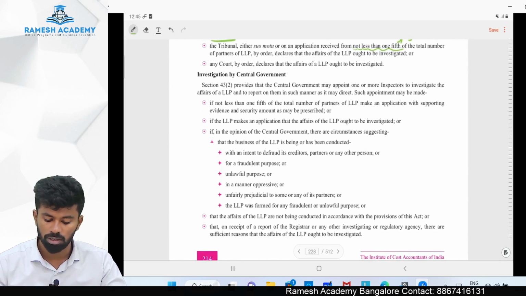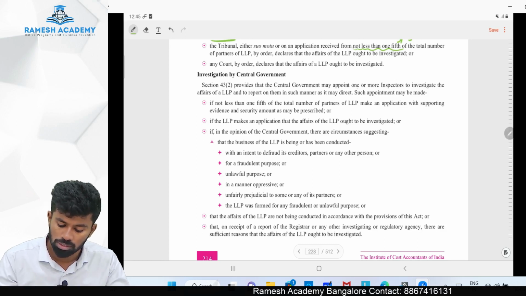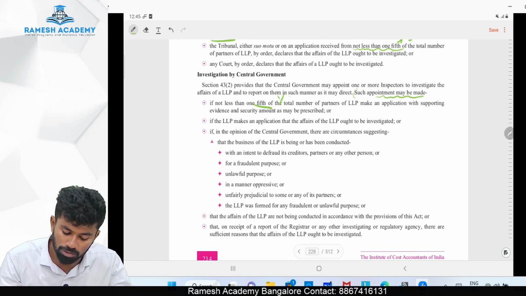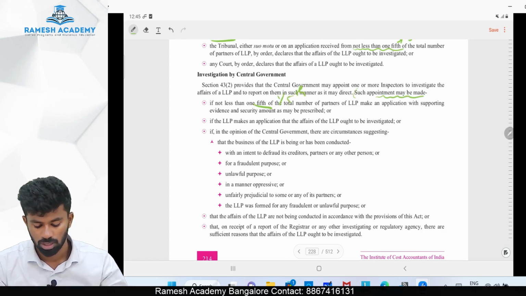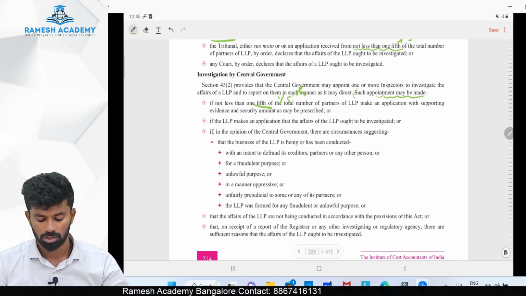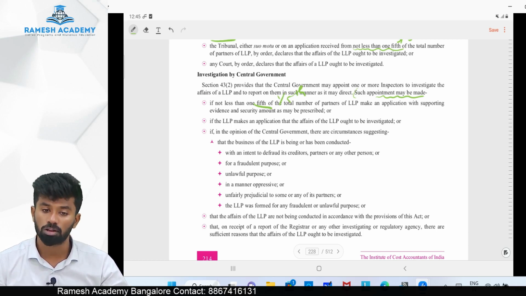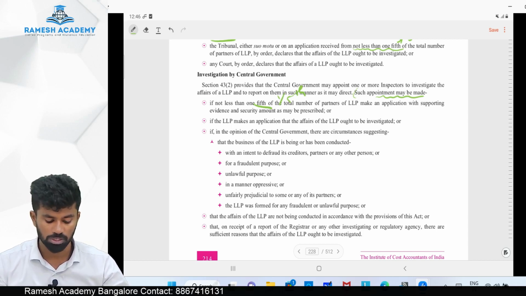Investigation by central government, on what grounds? They may ask this question. Such appointment may be made if not less than 1/5 of the number of partners make an application with supporting evidence to the central government. It may order for investigation by inspector.